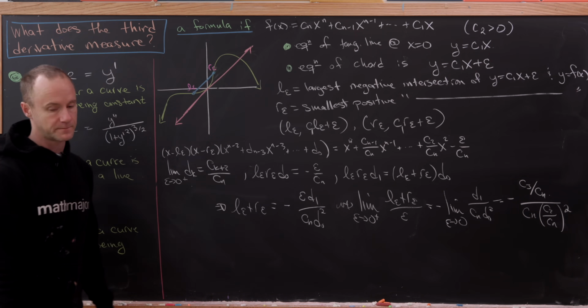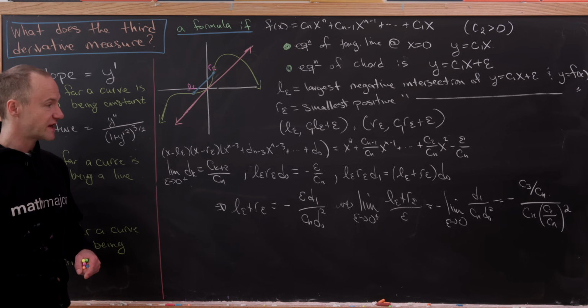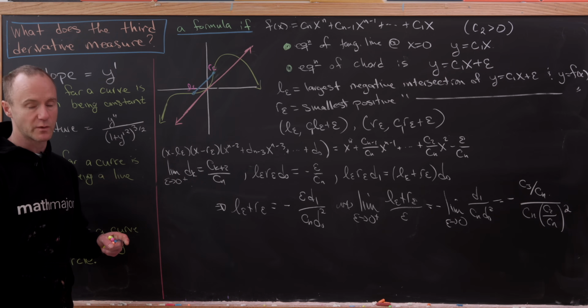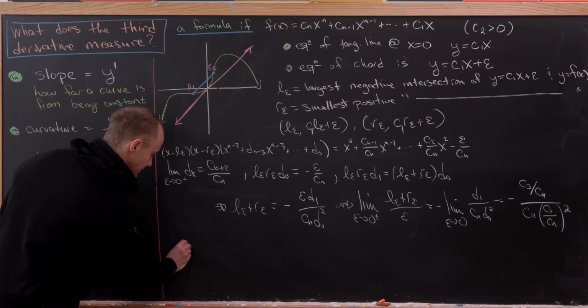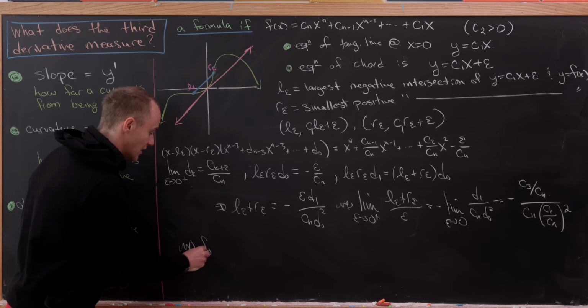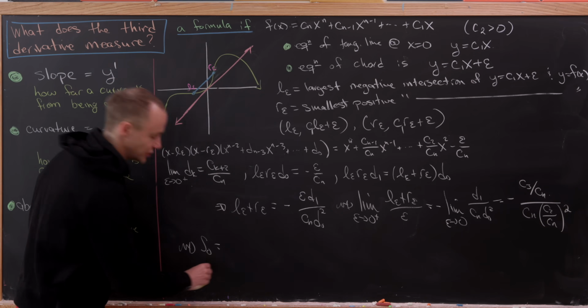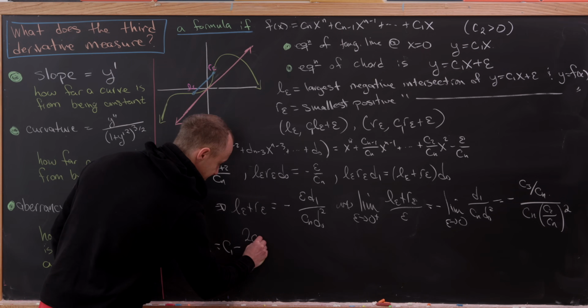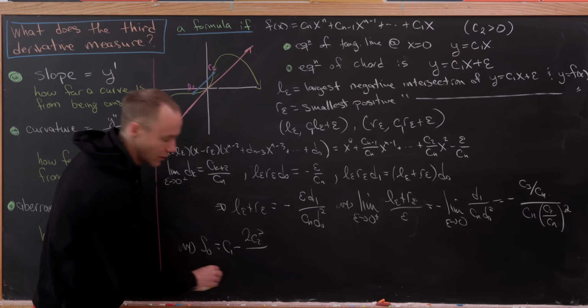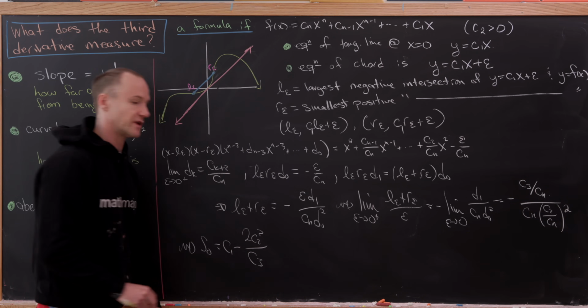Okay, cool. But from here, what we can do is put that together with our previous limit that defined S0, and we'll see that S0 is in fact equal to C1 minus 2C2 squared all over C3.